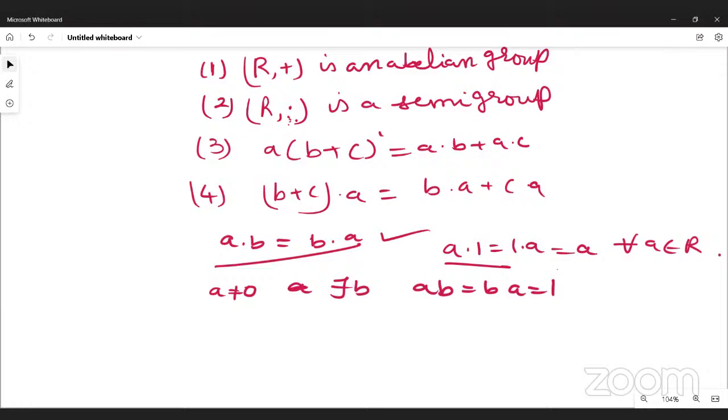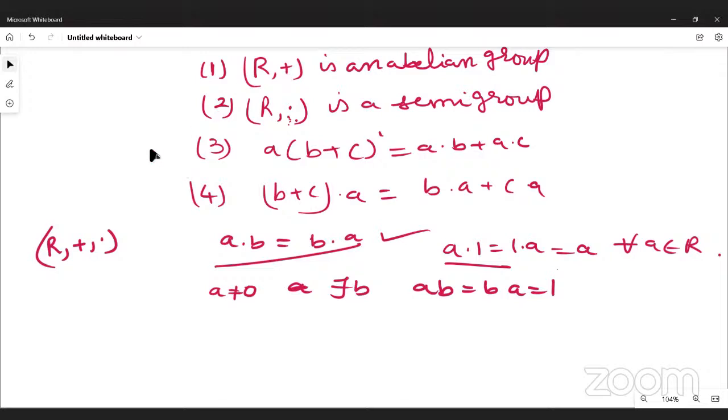So in a commutative ring with unity, if each non-zero element possesses a multiplicative inverse, we say that R plus dot is a field. A commutative ring with unity in which each non-zero element possesses a multiplicative inverse is said to be a field.